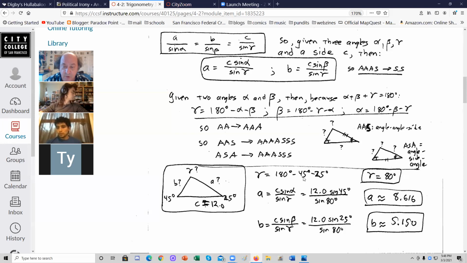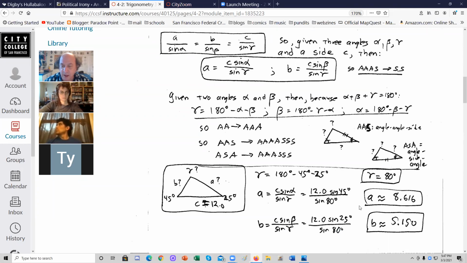Gamma is 180 minus 45 minus 25, which gives you gamma is 80 degrees. And now a equals c sine alpha over sine gamma, which will be 12.0 sine 45 over sine 80, which comes out to about 8.616. b is c sine beta over sine gamma, 12.0 sine 25 over sine 80 is about 5.150.